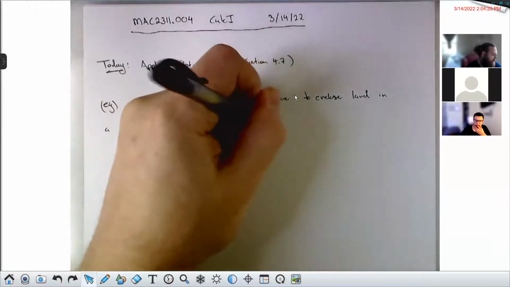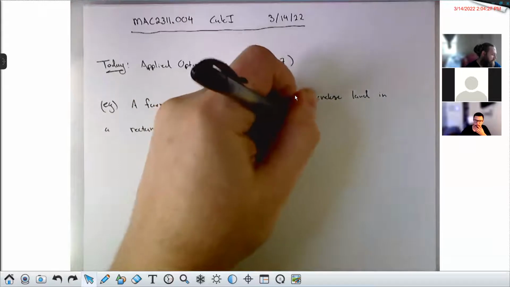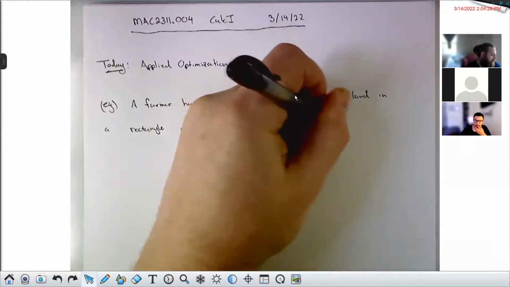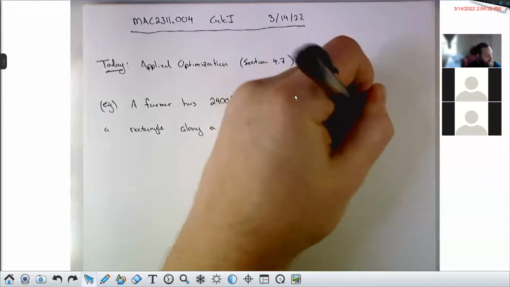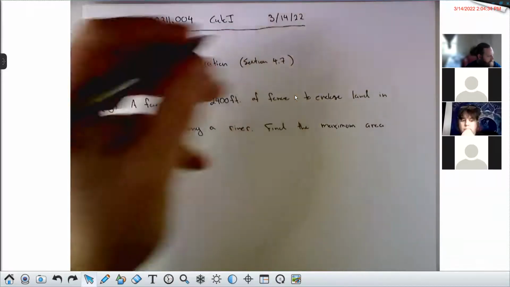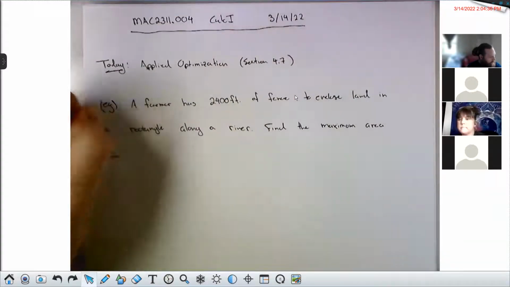We want to find the maximum area she can enclose.